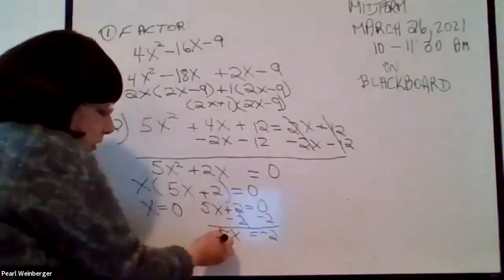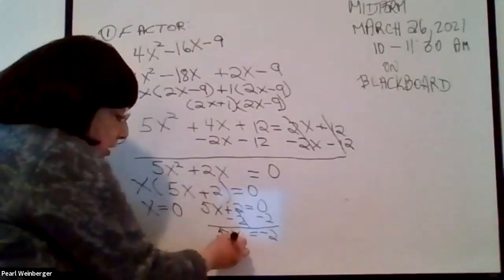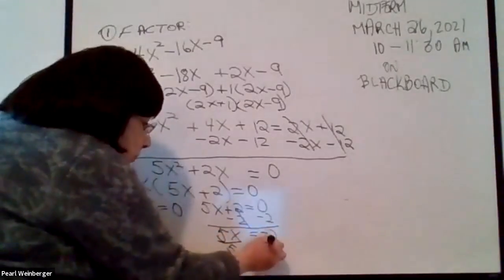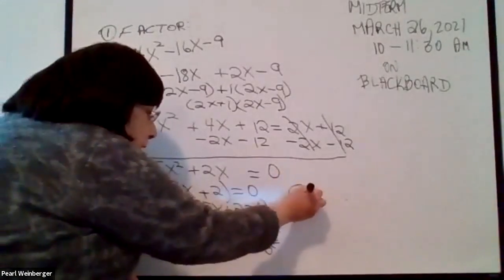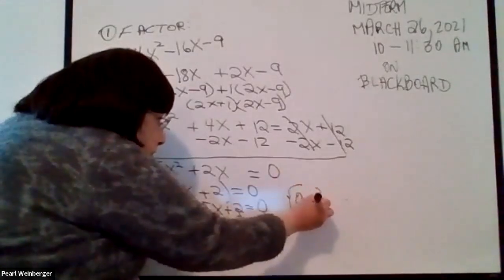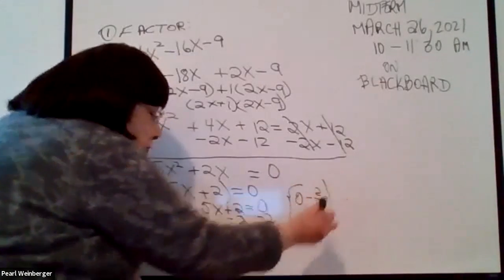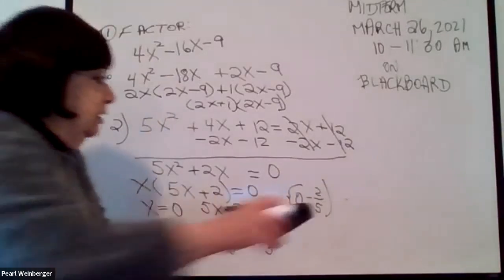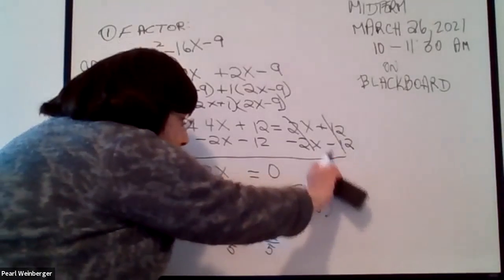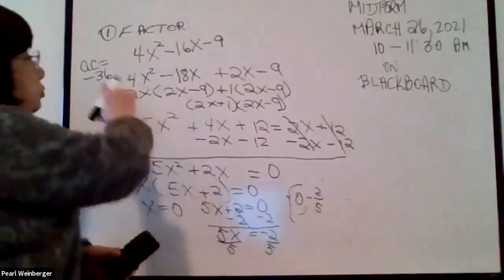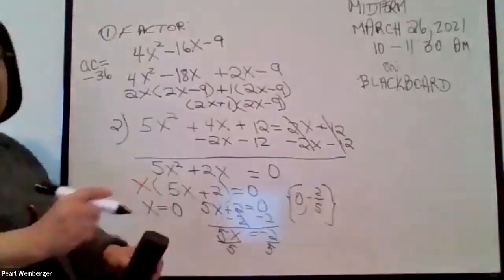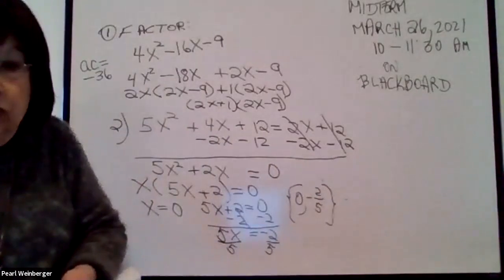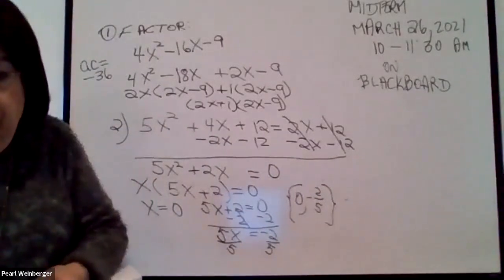Then divide by 5 to find x. So here are my two answers: one answer is 0, and one answer is negative 2/5. This looked really hard when we started because it had so many terms, but it turned out to be a simple factoring because it was just a common factor.